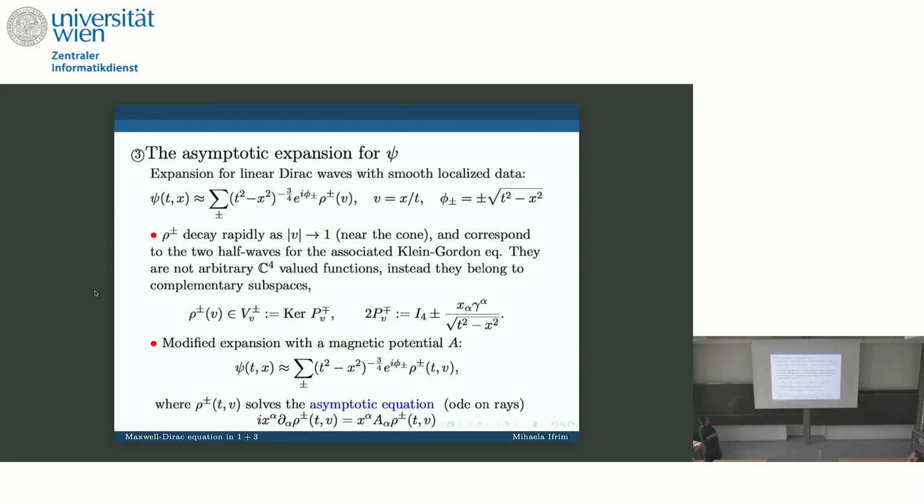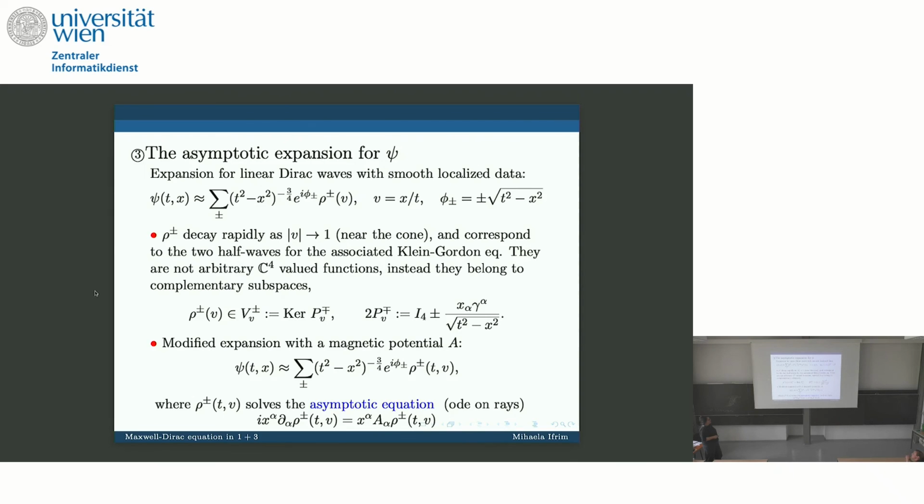So instead of just assuming that this profile goes on rays, you're going to make it time dependent as well. So you make this expansion. This is your ansatz, which is better understood. You take this ansatz, you plug it in the Dirac equation, and put equal between the main leading portions of your equation, and then you're going to arrive at these asymptotic ODEs you have on rays.